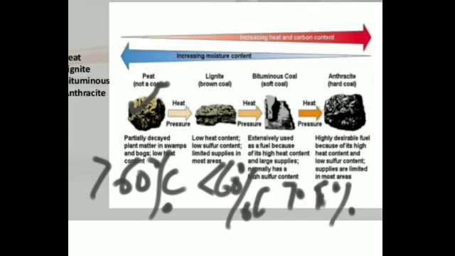When this is further subjected to high temperature and pressure, it is converted into anthracite, which contains more than 90% of carbon and is black in color. So these are the different stages of formation of coal: peat, lignite, bituminous and finally anthracite.